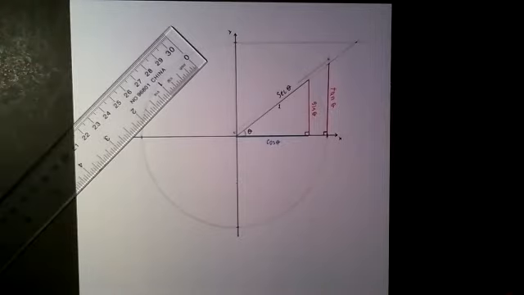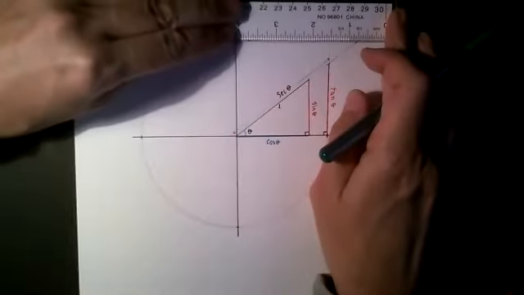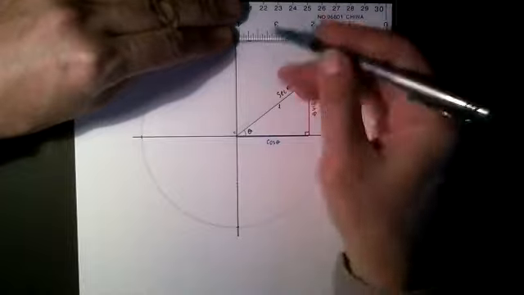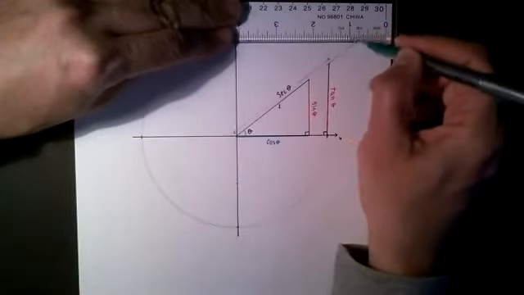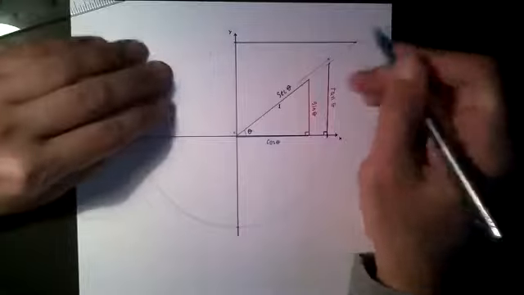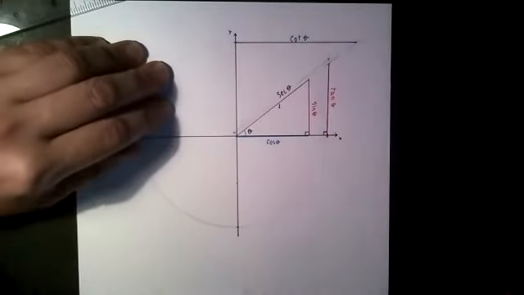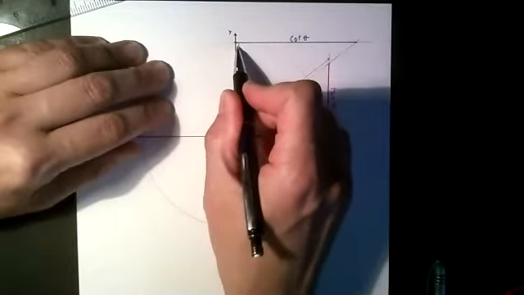So this length up there, what's it called? Cotangent. Yeah, this is called the cotangent of theta. Again, this is 90 degrees.